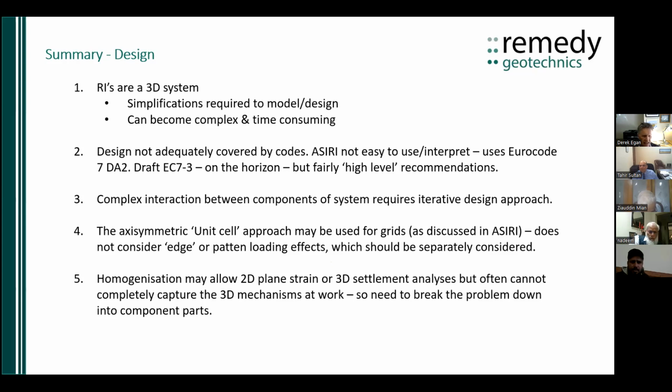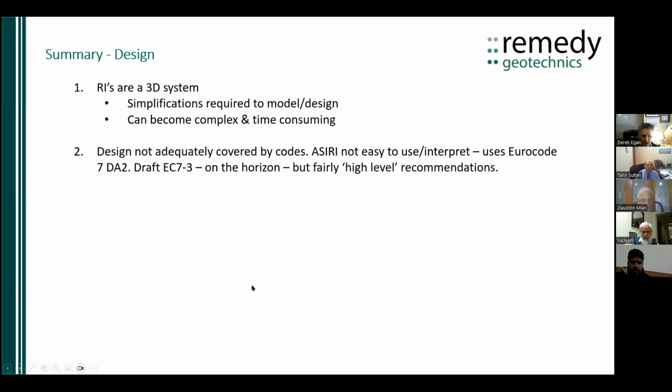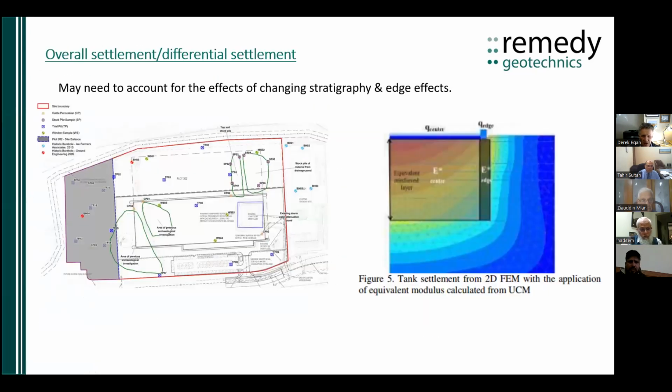And whilst the unit cell approach can be used, there are other complexities which should be considered within the design, but we haven't got time to go into today. And the final point is related to the previous slide, that in this case we had varying ground conditions over this particular warehouse.